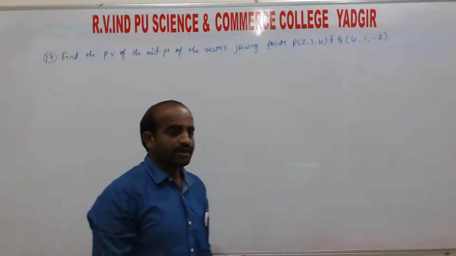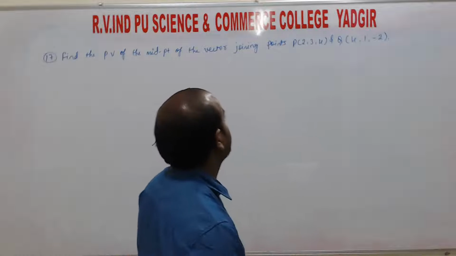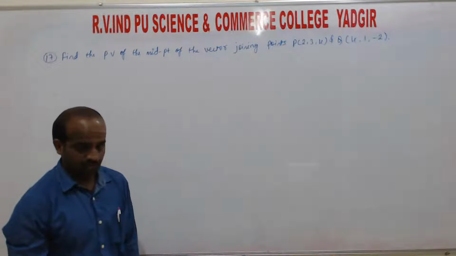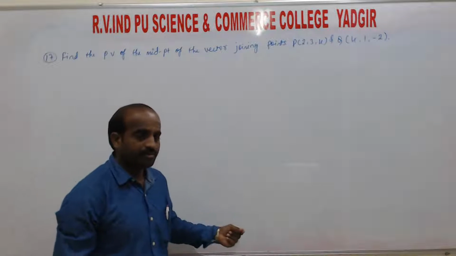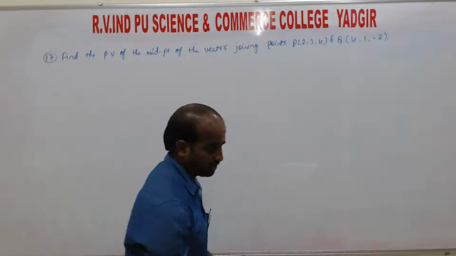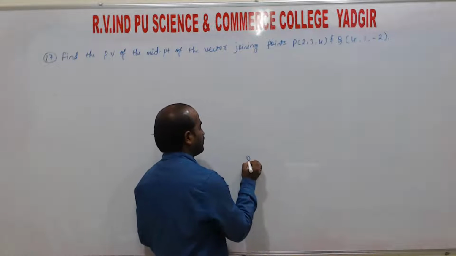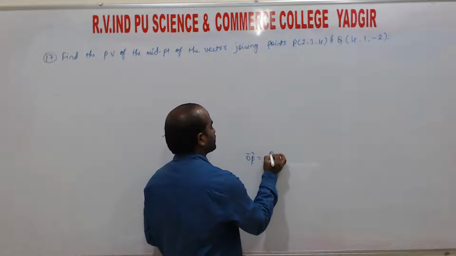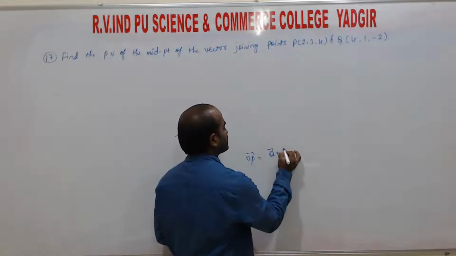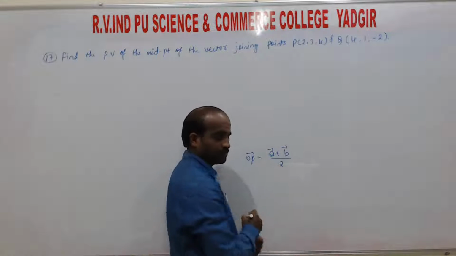Then find the midpoint of the line joining the two points P and Q. Already I am telling you, if P is the midpoint of AB, then the OP vector is the A vector plus the B vector divided by 2.